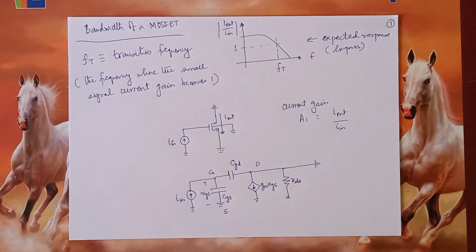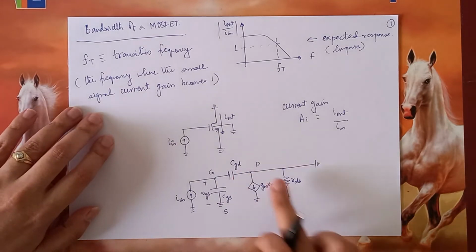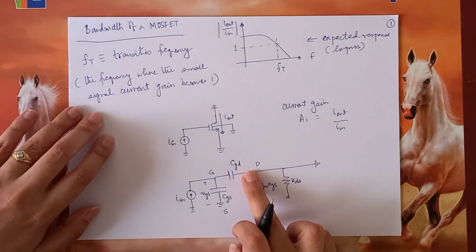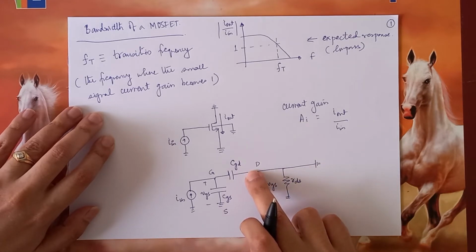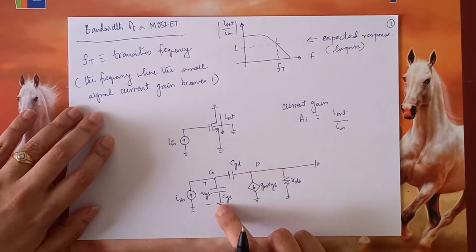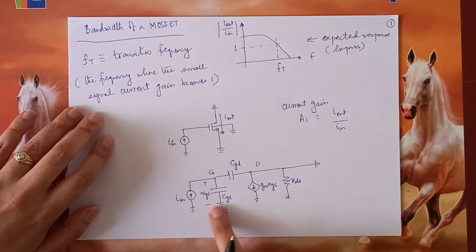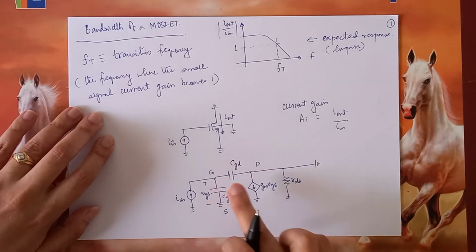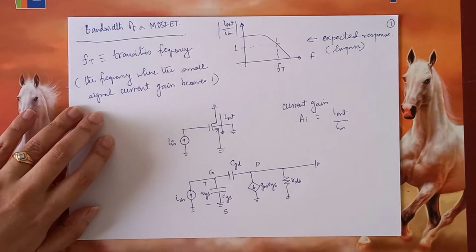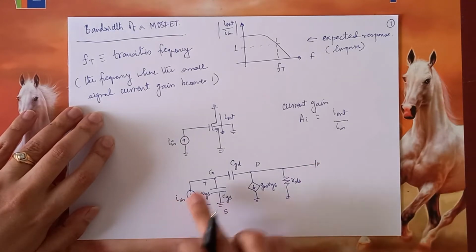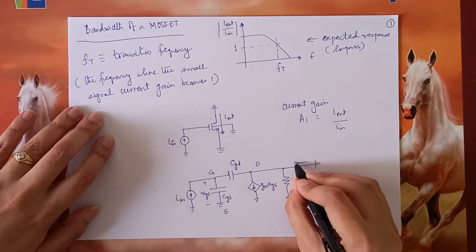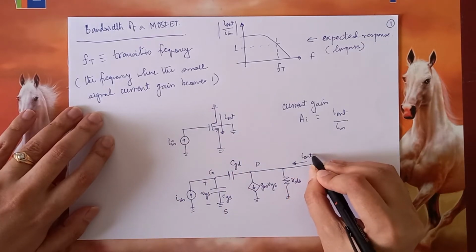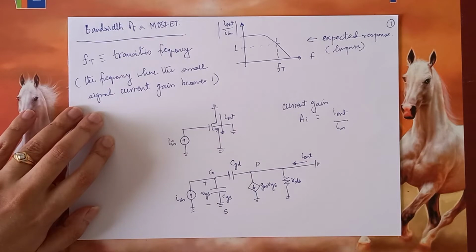So our model essentially reduces to this. Effectively, because the drain is at AC ground, this point is at ground. Because even this point of the CGS is at ground, we can say that effectively CGD and CGS are in parallel. And if I in is over here, the I out is essentially flowing into the drain and coming out at the source.